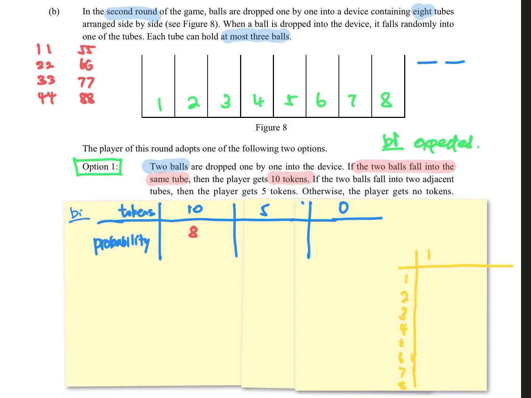It can be 11, 12, and then up to 18, 21, 22, and so on, with a table. Understand? So the denominator is not so difficult to get. That will be x squared. Any problem?